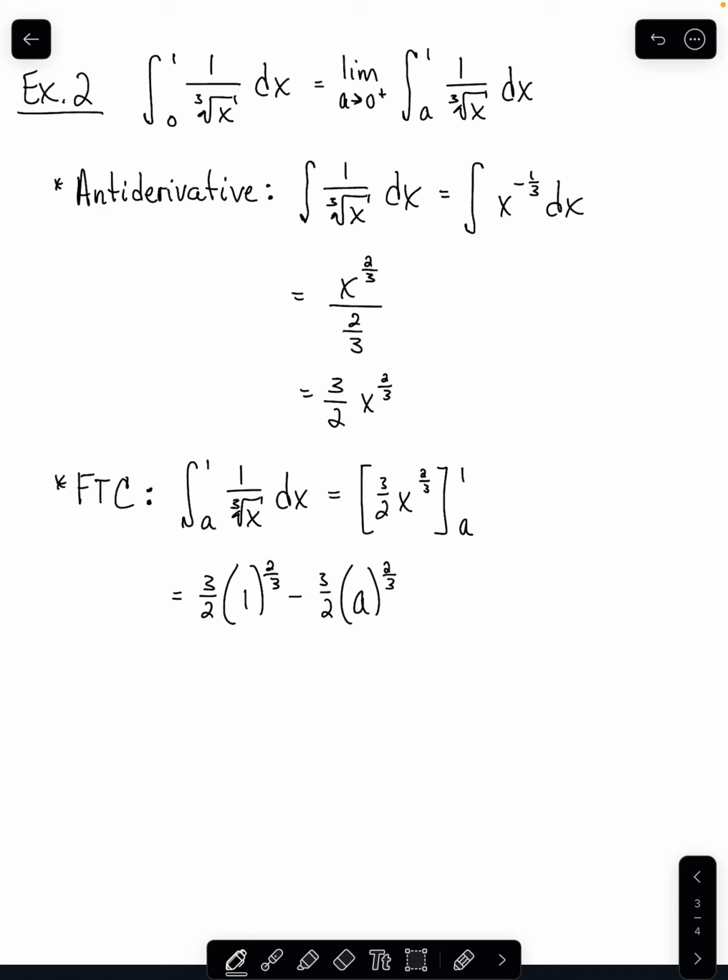Of course, 1 to any power is itself, so our first term is simply 3/2. And at this point, we may find it helpful to factor out the common 3/2. It may just make our lives a little bit easier when we have to evaluate the limit in our next step. But it is, of course, not necessary.